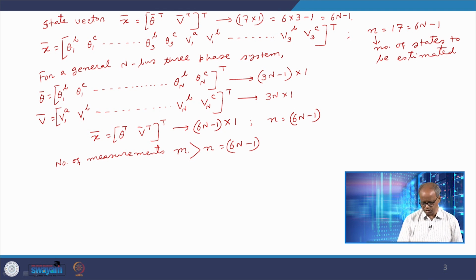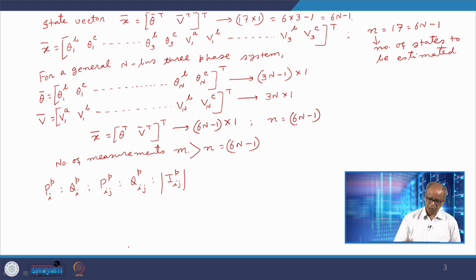Now, what could be these measurements? These measurements could be, for example, PIP, QIP, PIJP, QIJP. This also could be the magnitude of IIJP.